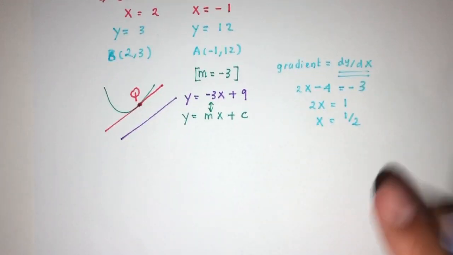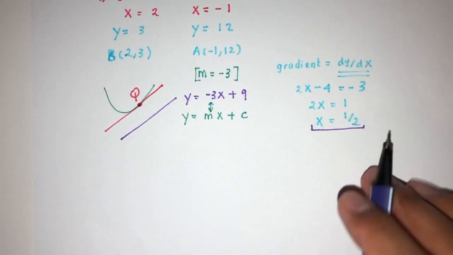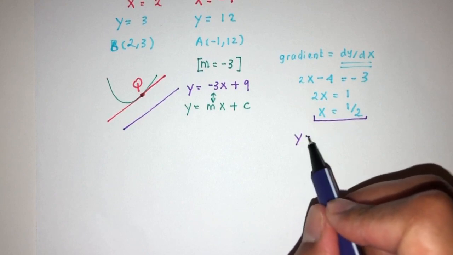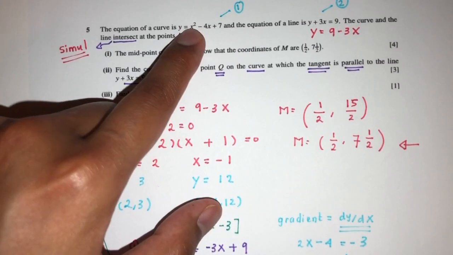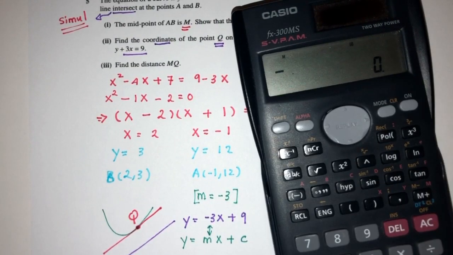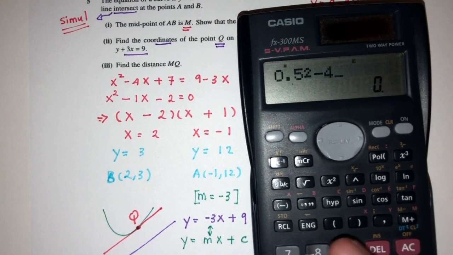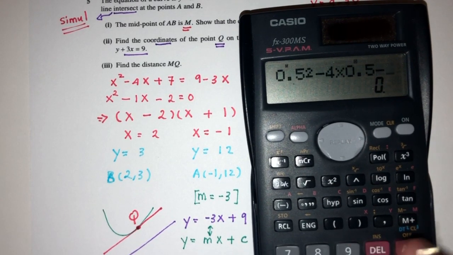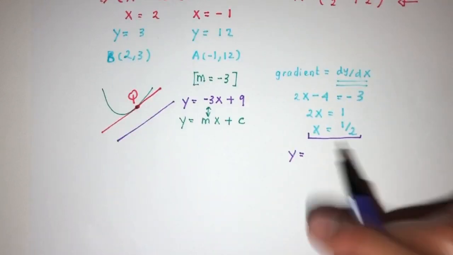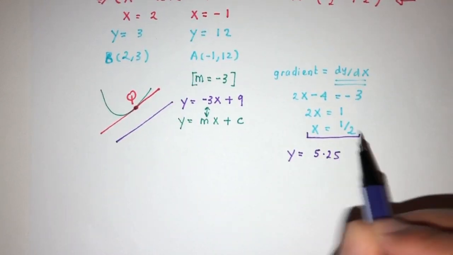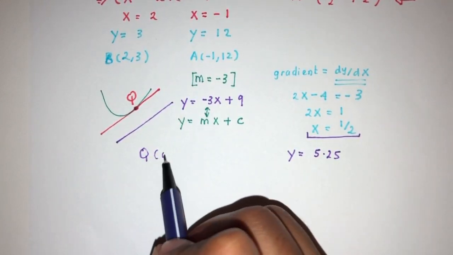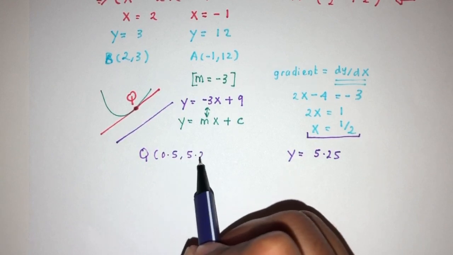Right. Now from this point on, to find y, we simply replace back in the main equation here. That will be 0.5 squared minus 4 times 0.5 plus 7. That should be 5.25. So the point Q has to be (0.5, 5.25).